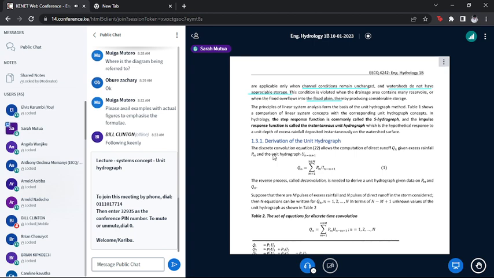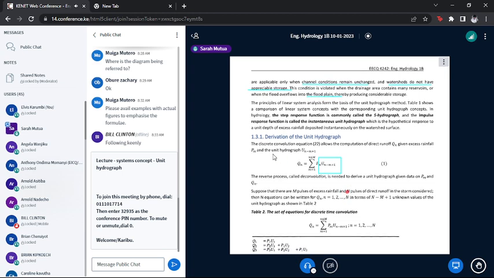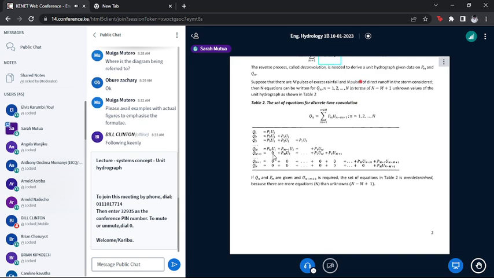The discrete convolution equation. Now the reverse of this, when we are determining the unit hydrograph U of n, is called deconvolution. We derive it by solving a set of equations that are developed using discharge and rainfall data that we had already seen before.